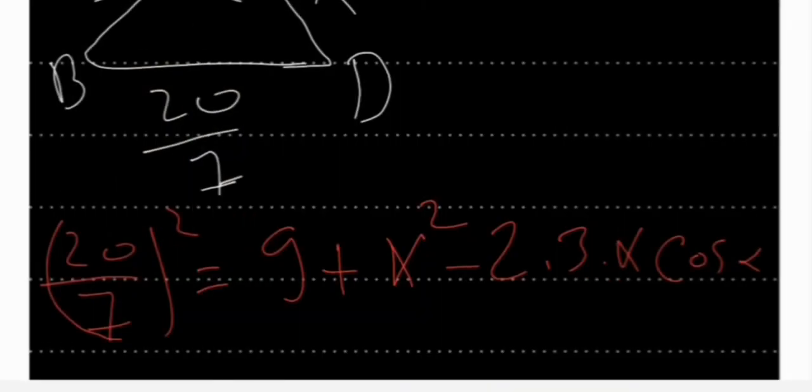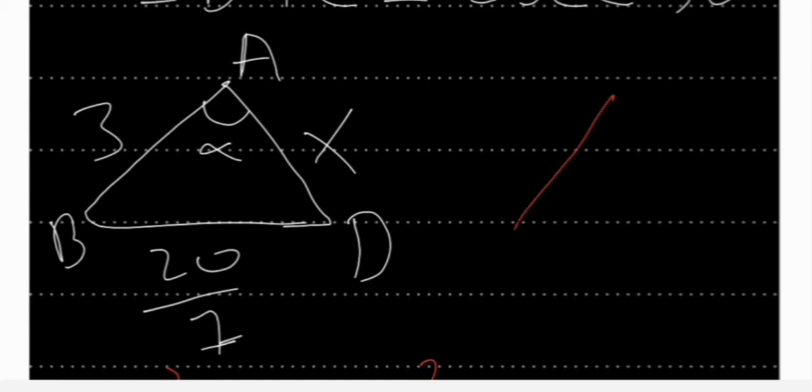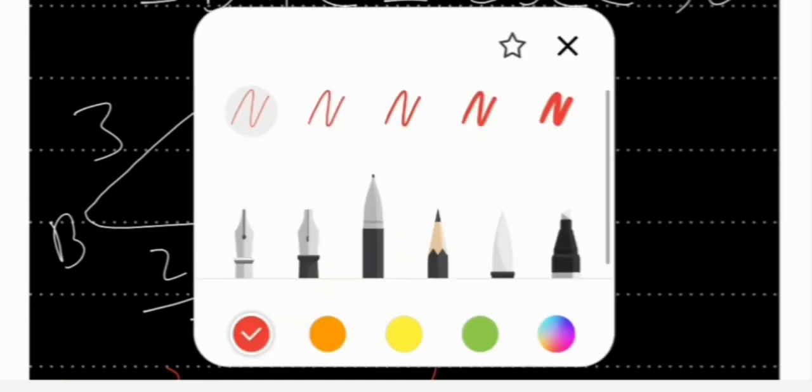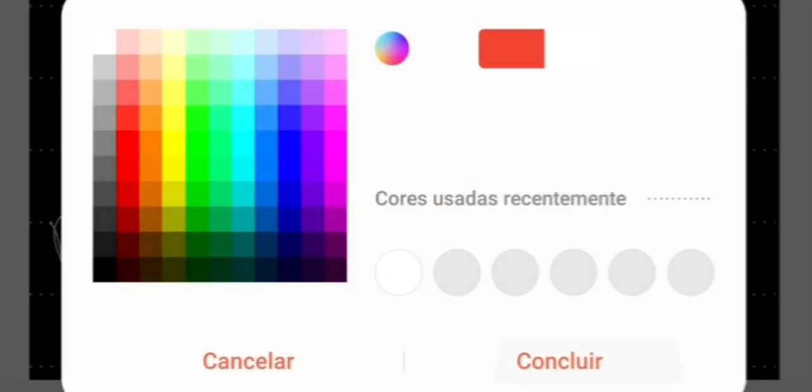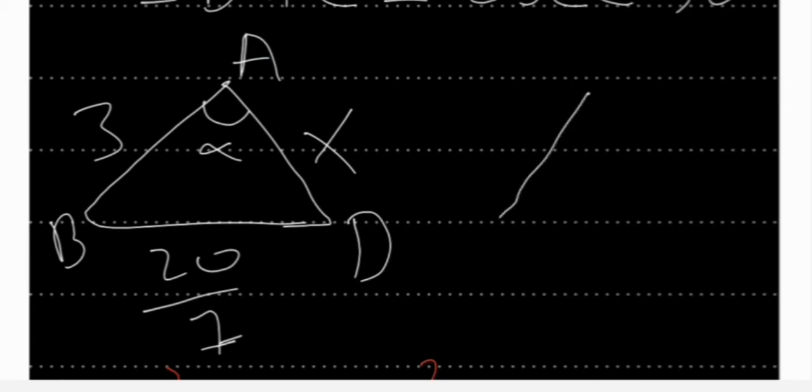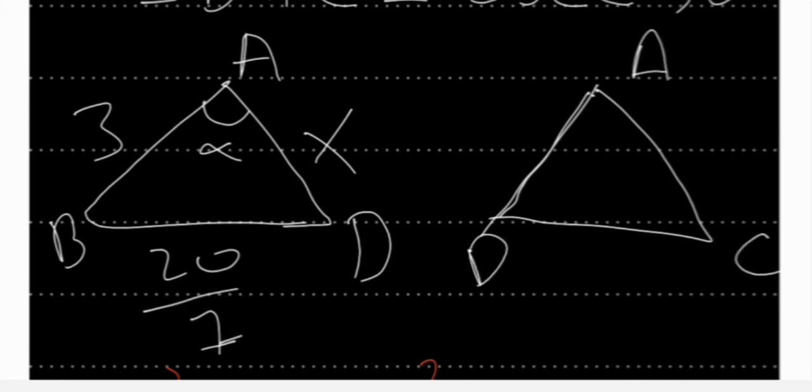So let's do the same thing for the second triangle, the triangle ADC. So this was 15 divided by 7, this was x, and this was 4, right?